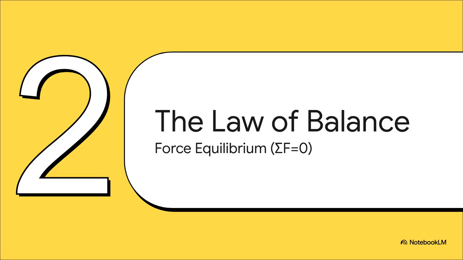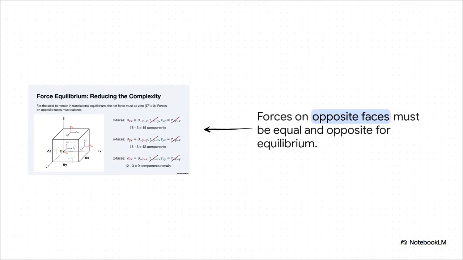So, our first tool for simplification is a really simple but powerful idea. For our tiny cube to just be sitting still, all the forces acting on it have to be perfectly balanced. We call this force equilibrium. I mean, think about it, right? If the push on the front face was even slightly stronger than the push on the back face, our little cube would go shooting off through the material. But it doesn't.